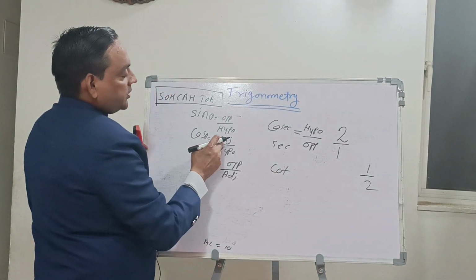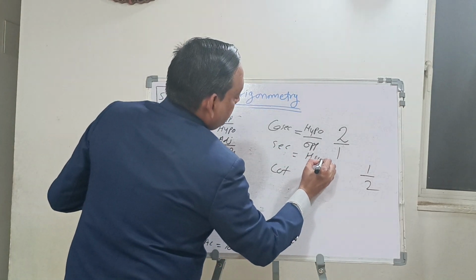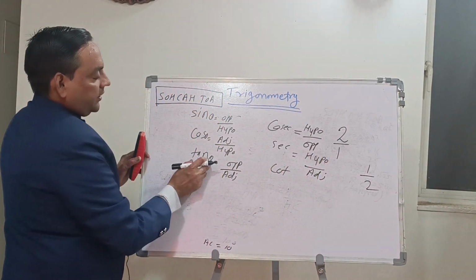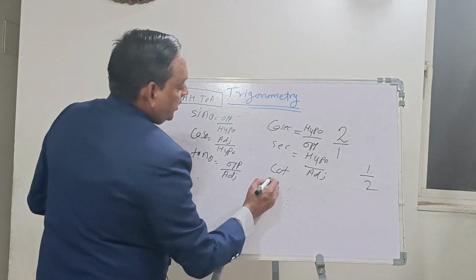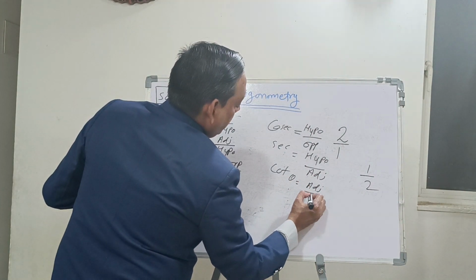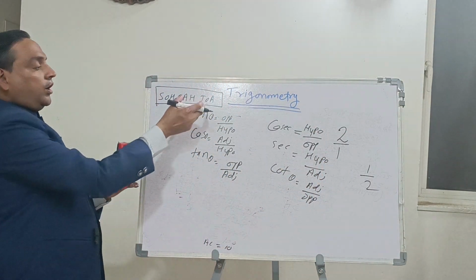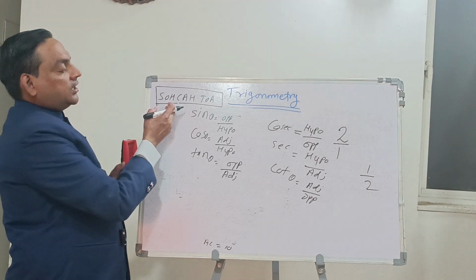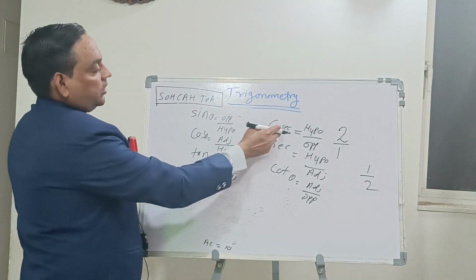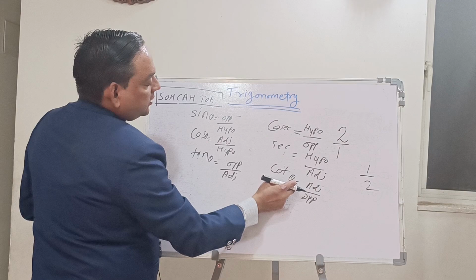Same way cos is adjacent upon hypotenuse, so sec is hypotenuse upon adjacent. And tan theta is opposite upon adjacent, so cot theta is equal to adjacent upon opposite. Remember, if you know SOHCAHTOA, the remaining three you can just take the reciprocal. The reciprocal of sine is cosec, of cos is sec, and of tan is cot.